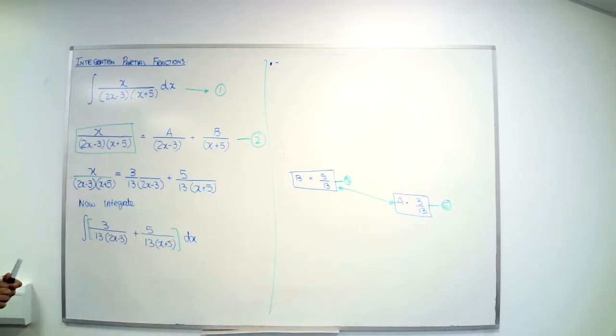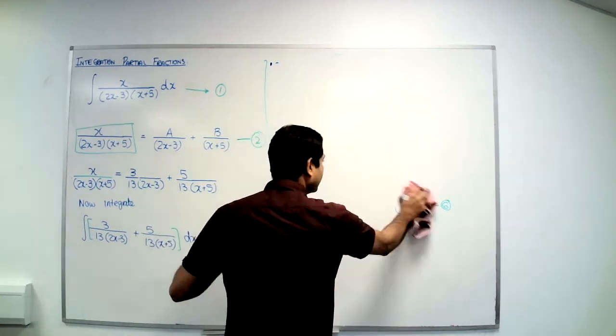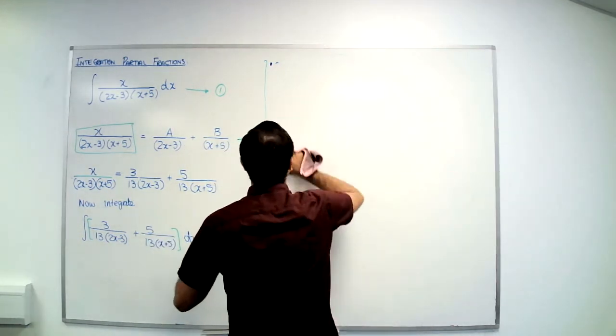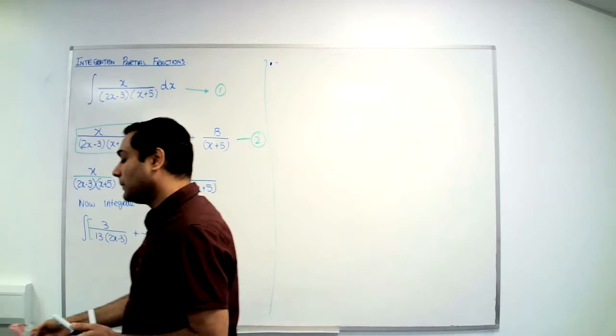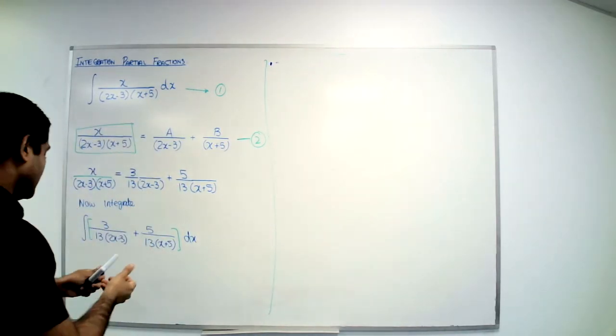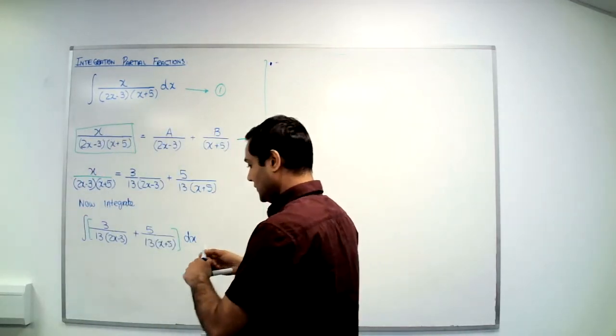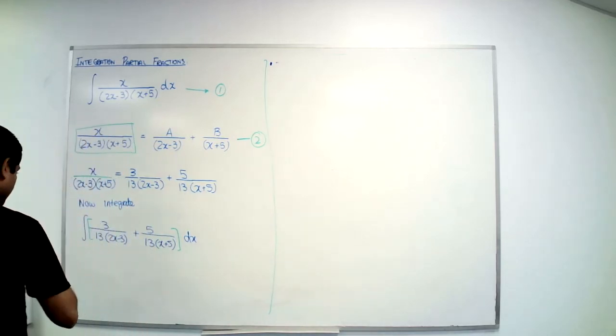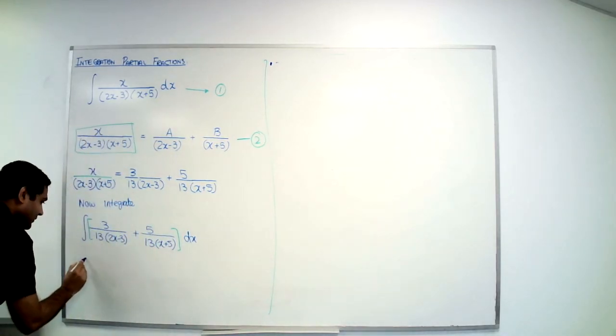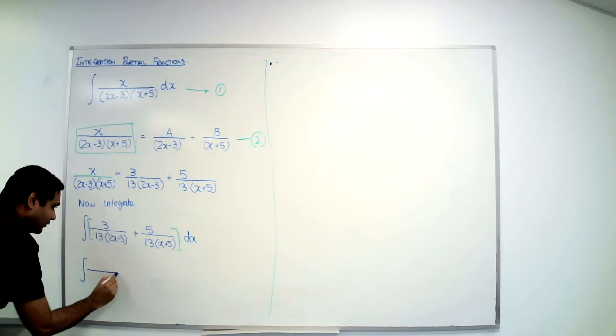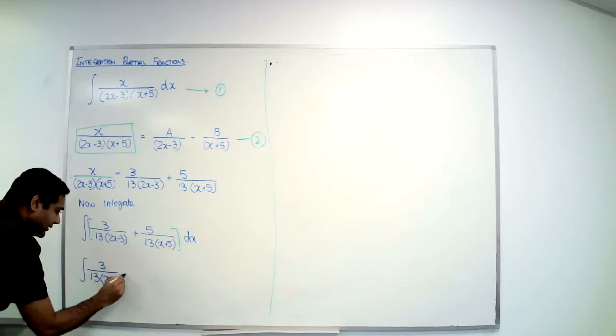Before we integrate this thing, we need to know a few things, which we already covered, but let's have a look. You know that when we integrate, the constant comes out. So let me just break it down into, let's write one more step here. So I'm going to integrate that thing. It is 3 over 13, 2x minus 3.